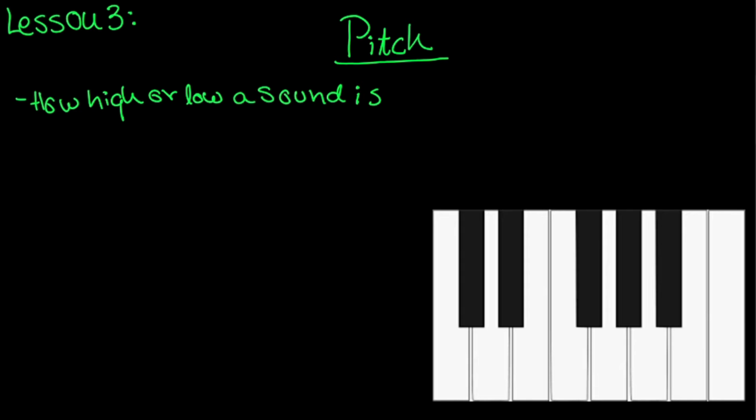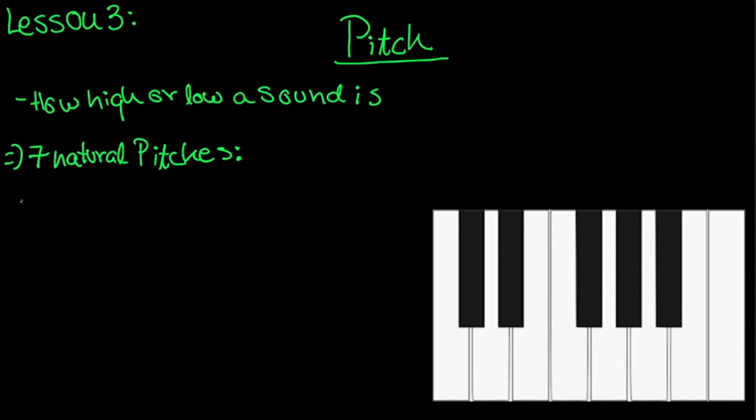So, as to which pitches we have, there are 7 natural pitches. This is very important. There are 7 natural pitches, and these are the first 7 letters of the alphabet.